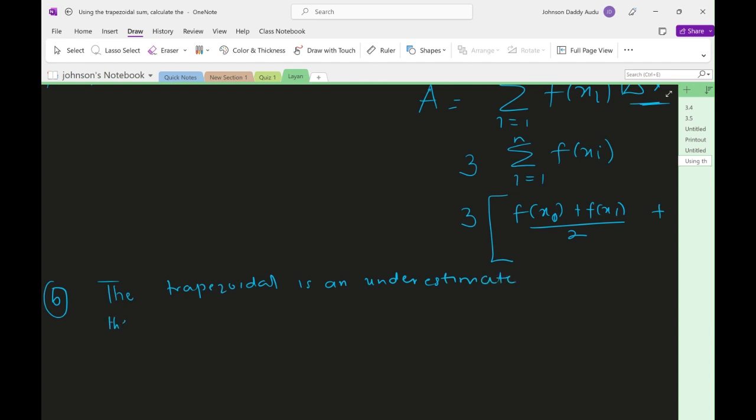So you can give a reason. You can say the curve is above the trapezoid. Now this is one statement, or you can just say because your function is concave up, no, concave down.